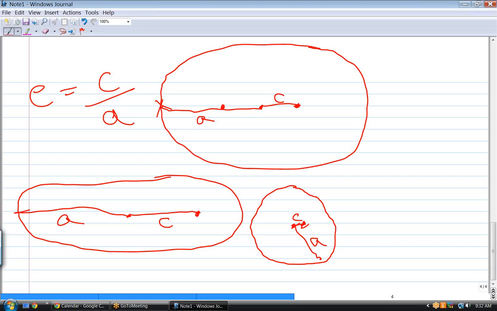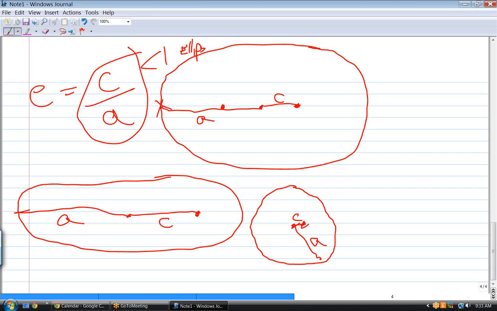So c is the distance from the center to one of the focal points? Yes. And a is the distance from center to the edge of the ellipse? Yes. So c always has to be less than a, which means this ratio is always less than 1 for an ellipse.